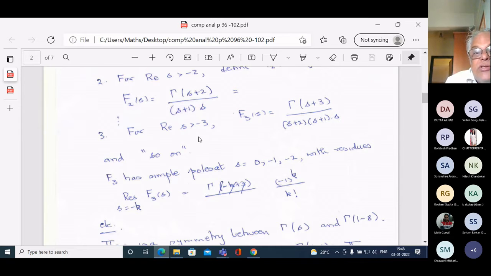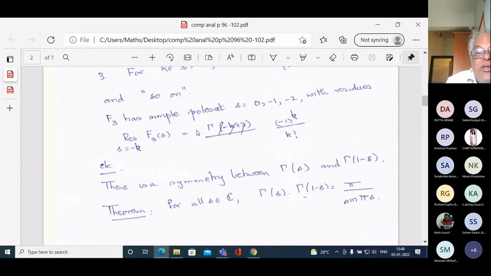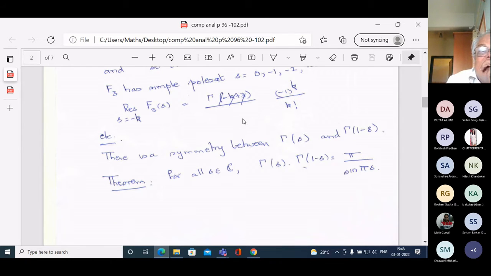And it has poles only at the negative integers including 0, and you can calculate the residue, which is -1 to the k over k factorial for k equal to 0, 1, and 2, and so on. So this is the meromorphic extension of gamma to the region where the real part of s is less than 0.